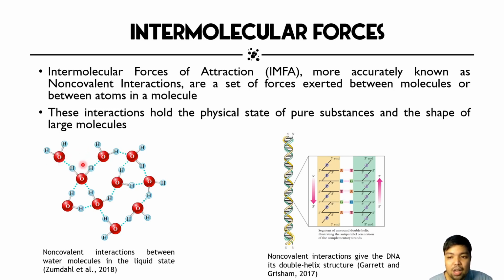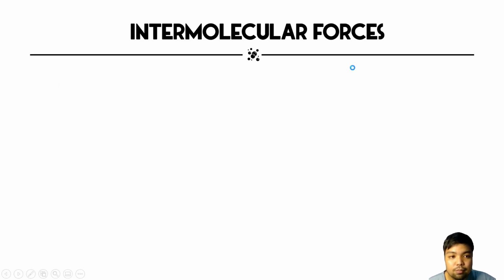Now, the oxygen end of a water molecule will be attracted to the hydrogen end of another water molecule, and this creates a network of dipole-dipole interactions, which holds the water together, making it liquid at room temperature.